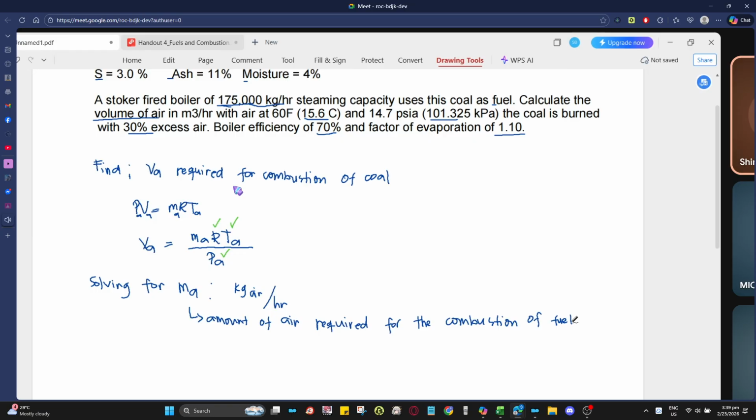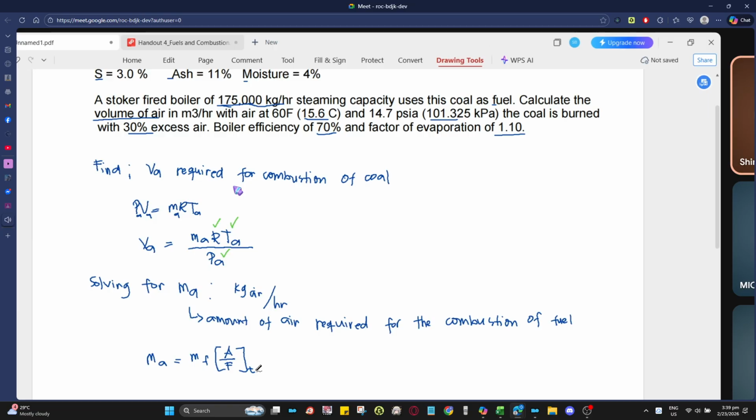So that means, kung kilogram of air per hour na siya, mass of air is equal to mass of fuel times the air fuel ratio, no?